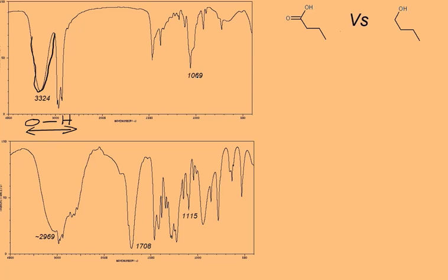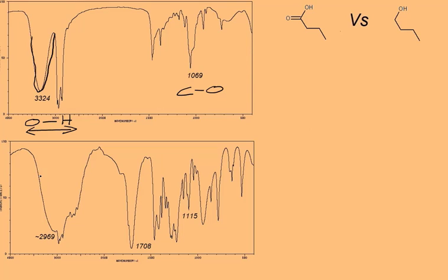We also see the peak at 1069, which is in that area we expect, 1200 to 1000, for a carbon to oxygen single bond, next door to the oxygen to hydrogen peak, of course. The trouble is that a carboxylic acid has these same peaks. It has an OH stretch and a carbon to oxygen stretch as well.